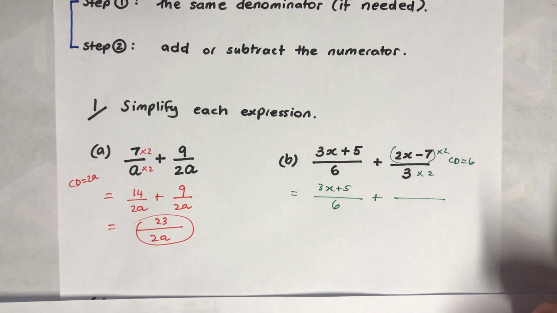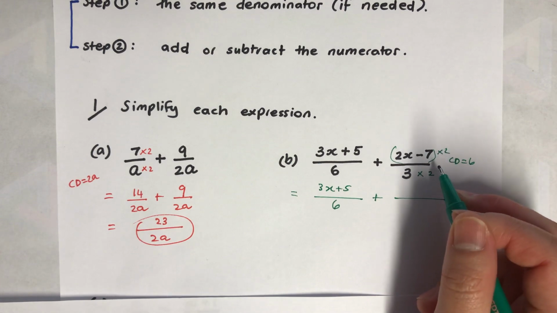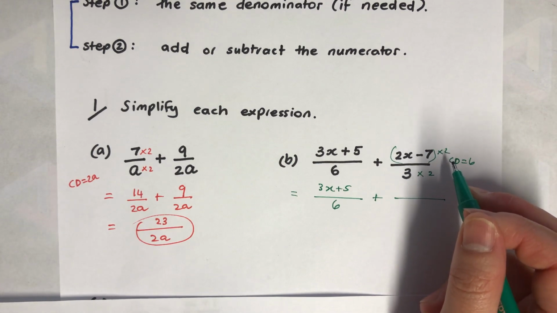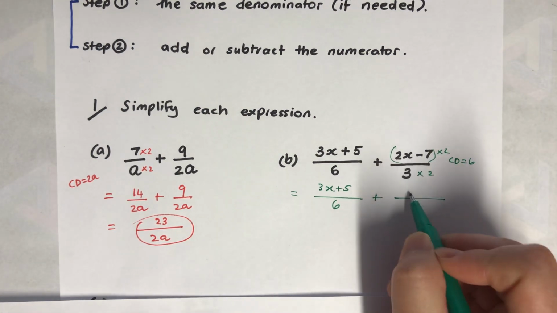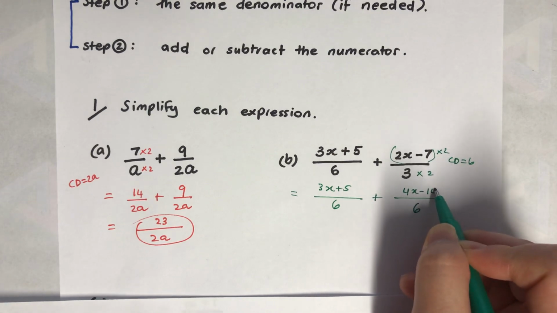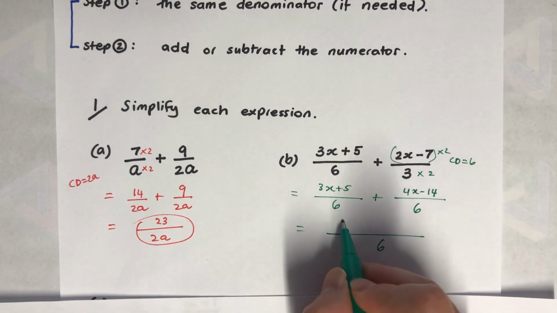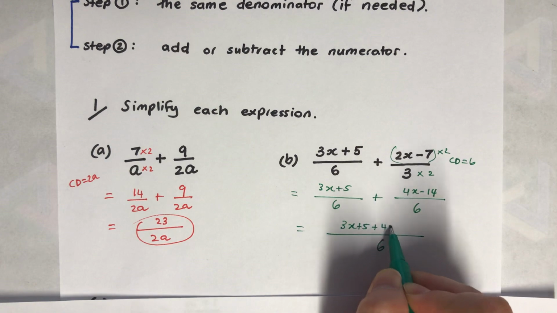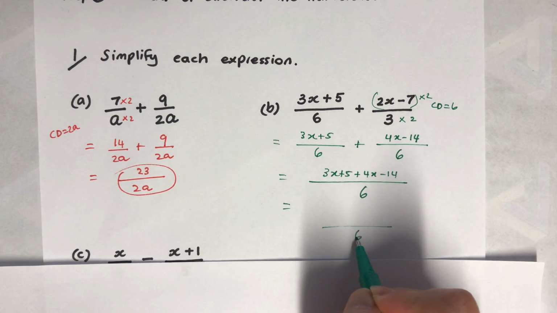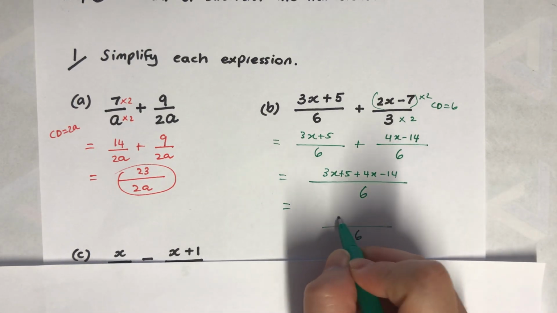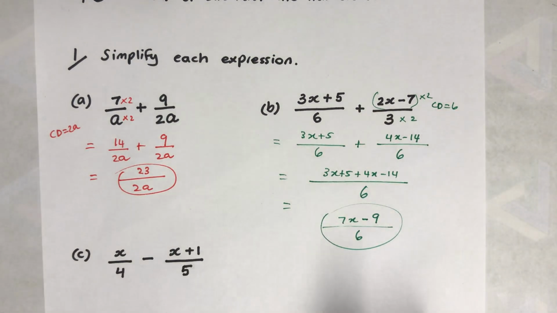When you do the times by 2, you do it on the bottom and the top, so it's actually times by 1, because 2 over 2 is 1 and it doesn't change the original expression. So that's a 6 on the bottom, and I double the top, 4x minus 14. Now we are free to do the top bit: 3x plus 5 plus 4x minus 14, over 6. I'll get 7x minus 9 over 6. Yep, that's it, done.